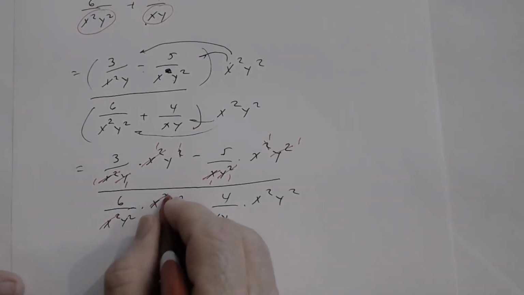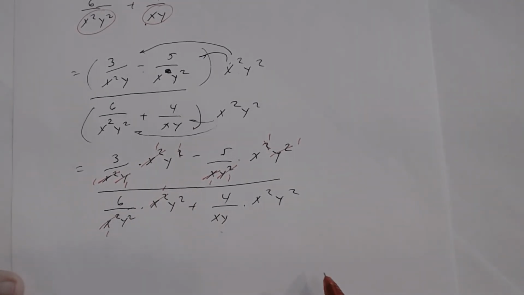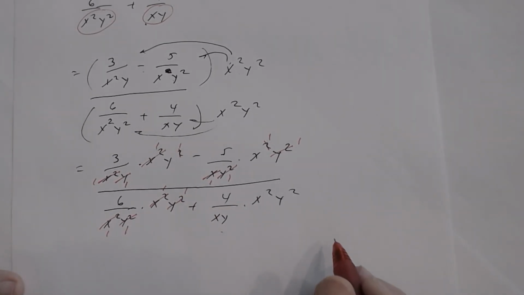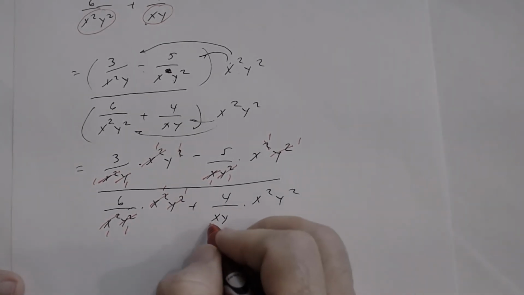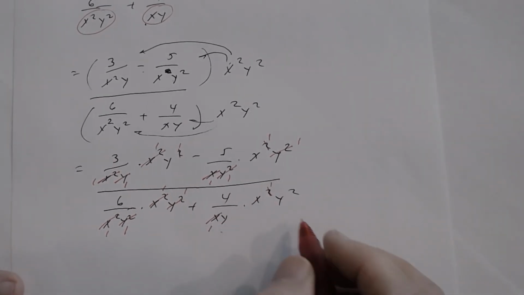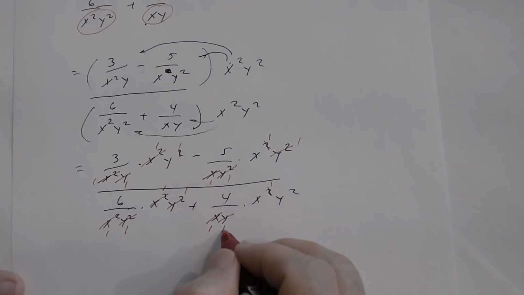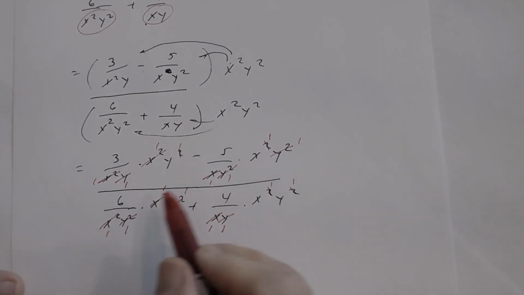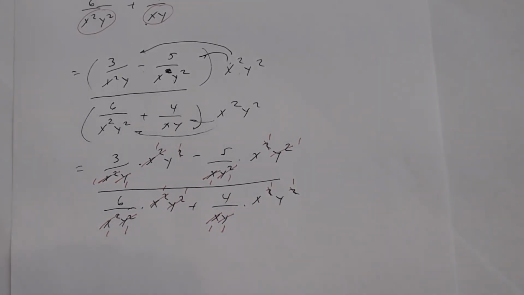Both factors of x divide out, you're left with 1s in their place. Both factors of y divide out, you're left with 1s in their place. Here, this factor of x divides with one of these, you're left with 1 factor of x in the numerator. Here, this factor of y divides with one of these, you're left with 1 factor of y in the numerator. There are lots of little red marks here, so be careful.